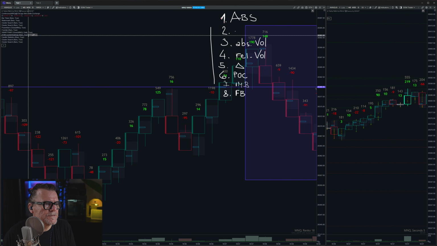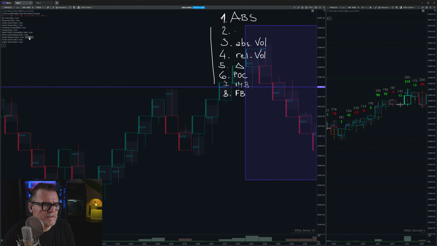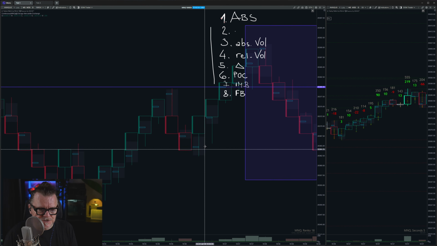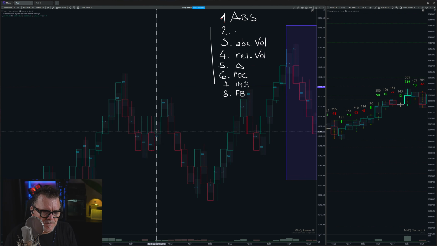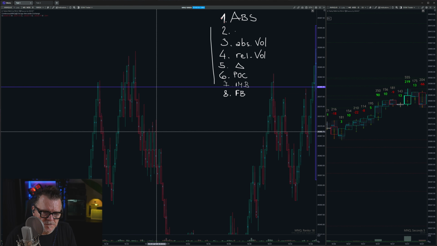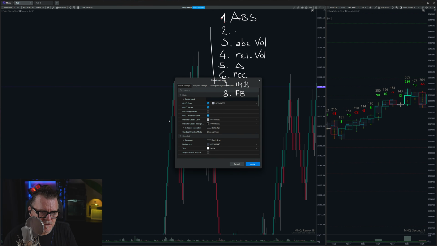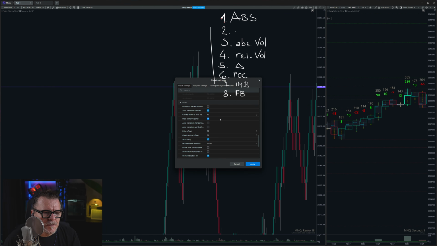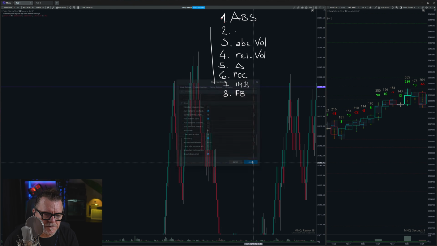Okay, yes, it's hidden, that's fine. I don't even use the POC of the candle, so I can actually unzoom. I will unzoom and I will change a parameter, the candle width to transform. I will increase it to, let's say, 70. That's great. Okay, apply.